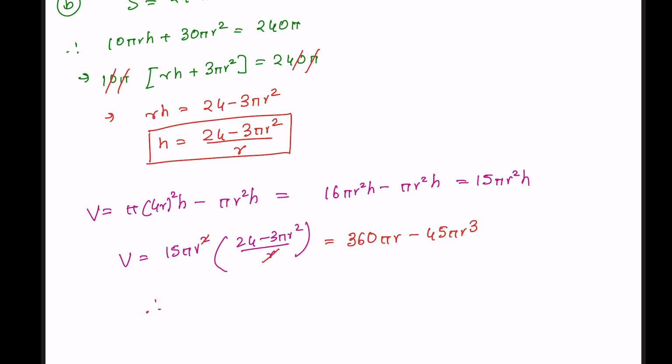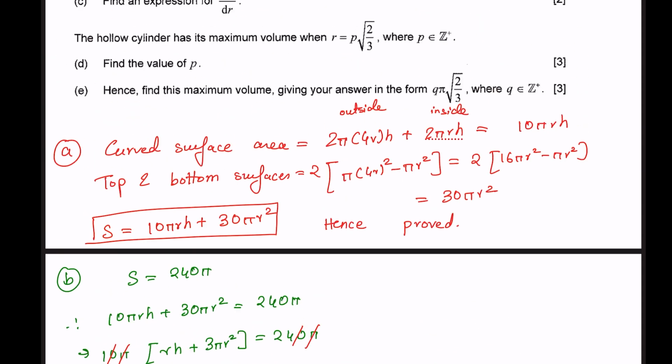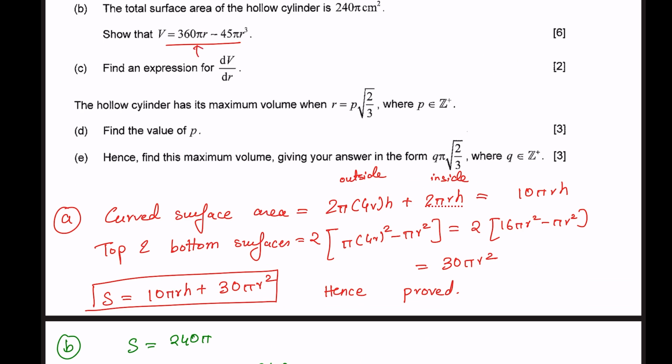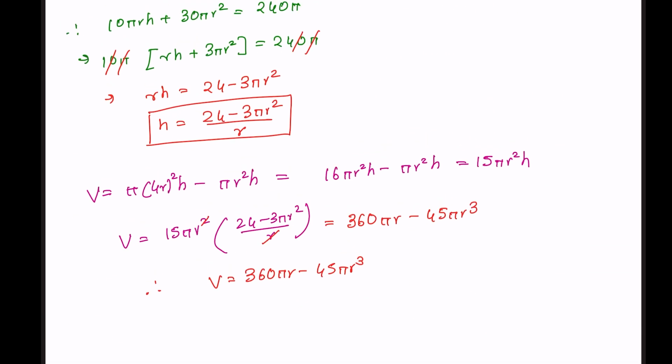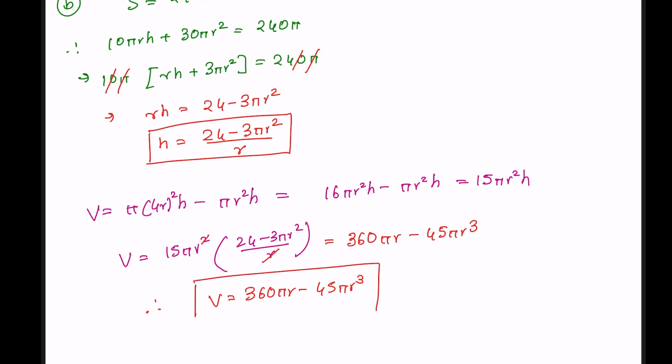So finally the expression of volume will be 360 pi r minus 45 pi r cubed, which is exactly the same as the question. So we have also proved this.